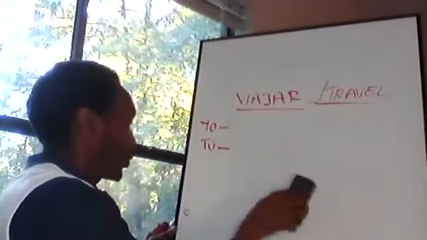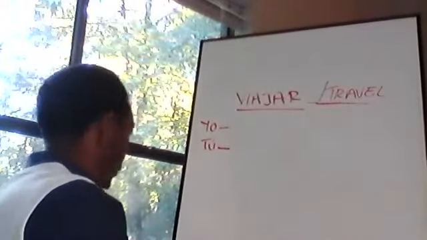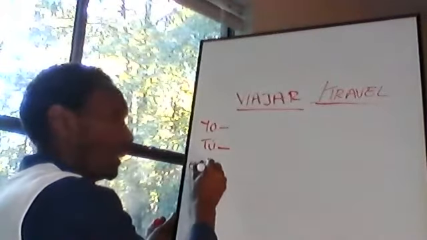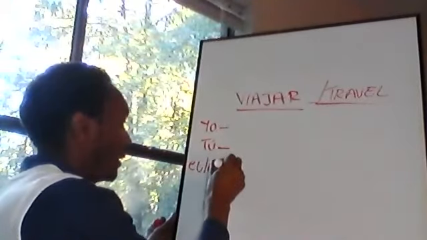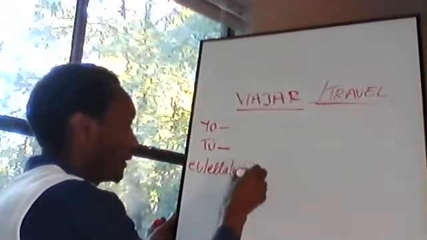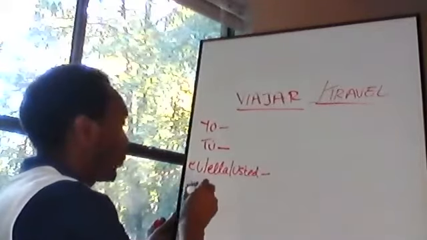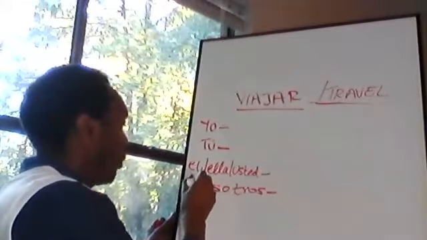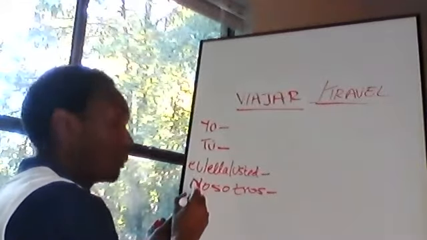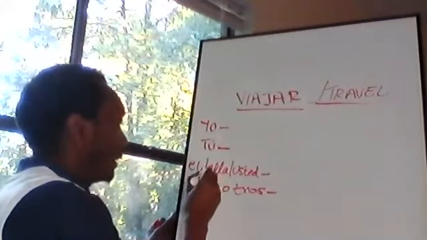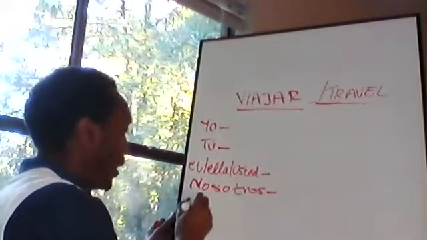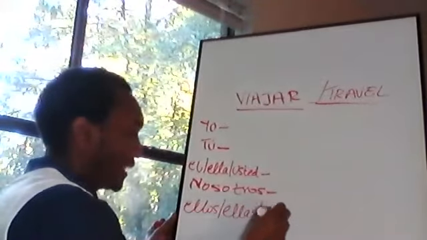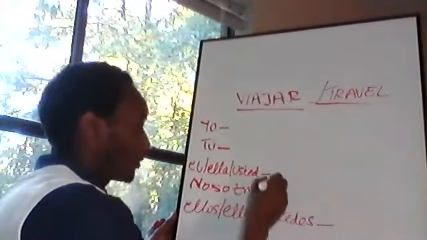I'm going to start from the top: yo, tú, él, ella, and usted. Then we have nosotros, and then the plural of él, ella, and usted, which is ellos, ellas, and ustedes.